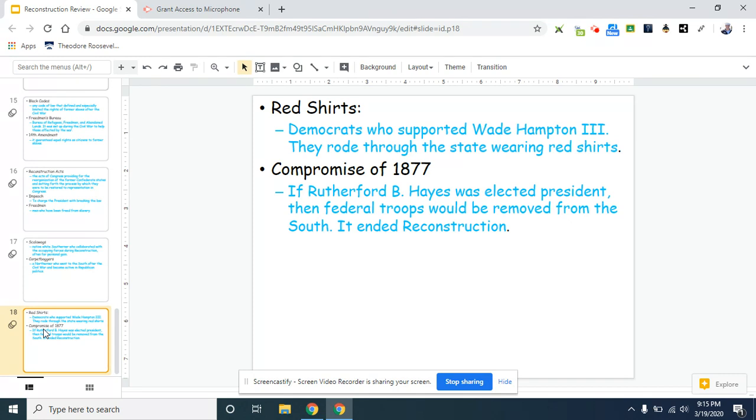Imagine if during the coronavirus, the United States Army came in and started forcing you to stay inside your house during certain hours, and you could only go to the restaurant between the hours of 10 and 12 in the morning, right? It's just like, no, you're going to get tired of that real quick. Well, that's what was going on. Well, Rutherford B. Hayes basically promised, hey, if you elect me, that's all going to end. So everybody was like, yep, you're elected. You're welcome.